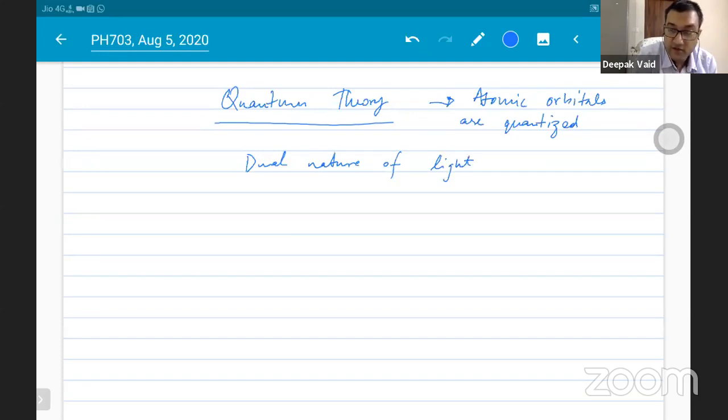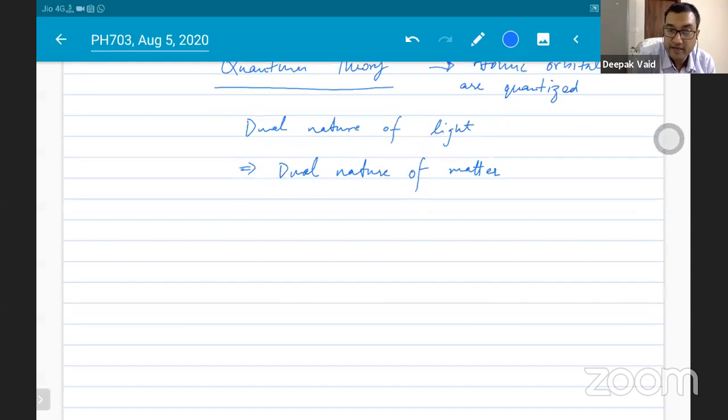But then the atomic quantum theory said something really strange. It said that if light can behave as a particle and a wave, then why not matter? So if you look at an electron or a proton or a neutron, well, we think that the proton is a particle.